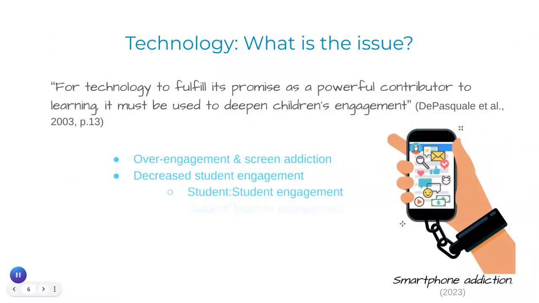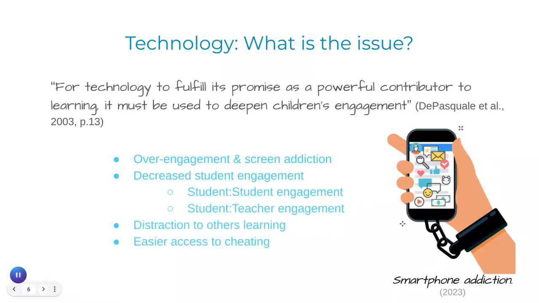The primary issue that schools are facing when it comes to technology is how to address the use of cell phones within the classroom. For technology to be an effective contributor to learning, it must be used to deepen student engagement. However, in reality, they are often more likely to think of technology, like cell phones, as a disturbance in the classroom. The overengagement of cell phone use can lead to serious screen addictions, both outside of school as well as in the classroom.